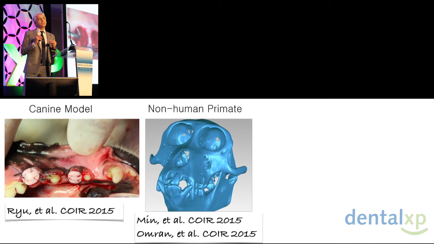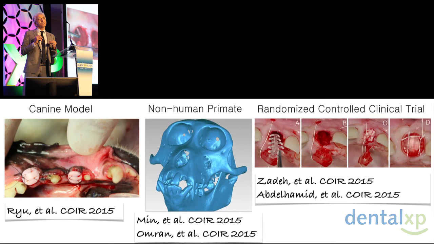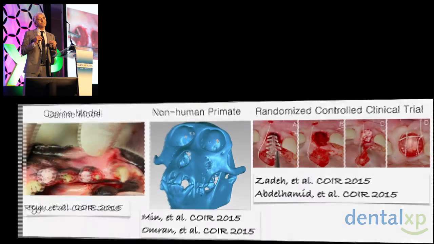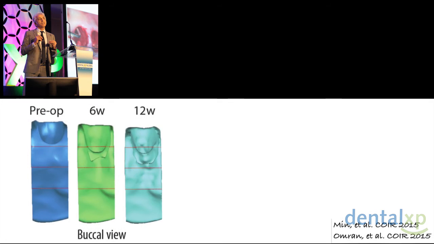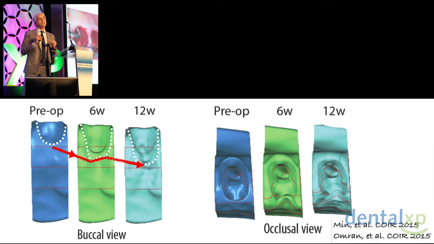Another time where we could have some problems is at the time of extraction. We've done a number of studies in the last year. Because of the time, I'll go through these pretty quickly. We know that after tooth extraction, we end up with significant resorption and remodeling of the bone. This has been very well known over the past few years.